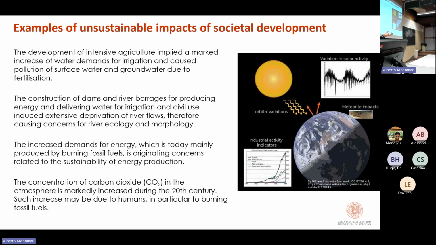The oceans are another carbon sink, so storage of CO2. They absorb a lot of CO2 depending on the ocean temperature. In particular, when the temperature of the ocean decreases, then the capability of the ocean to store CO2 increases.